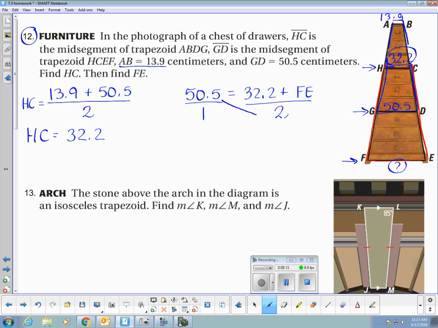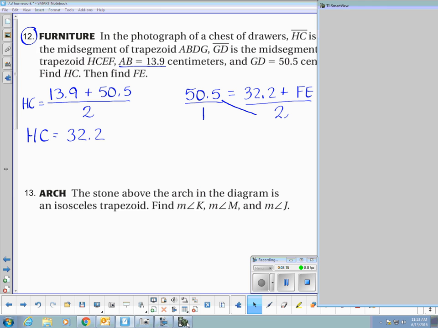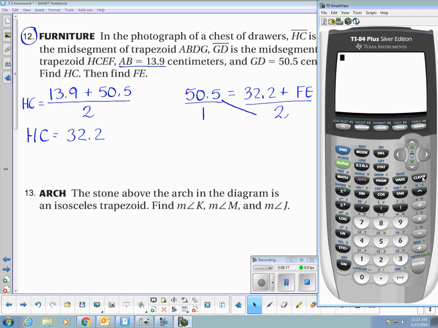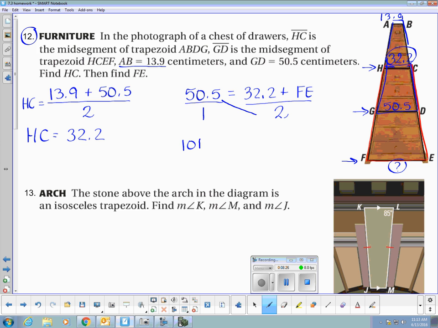So 50.5 times 2 is equal to 32.2 plus segment FE.